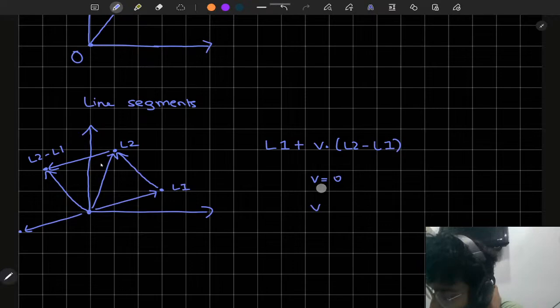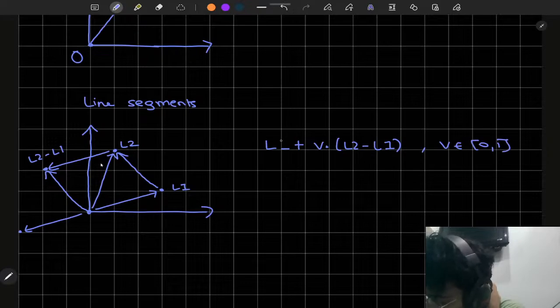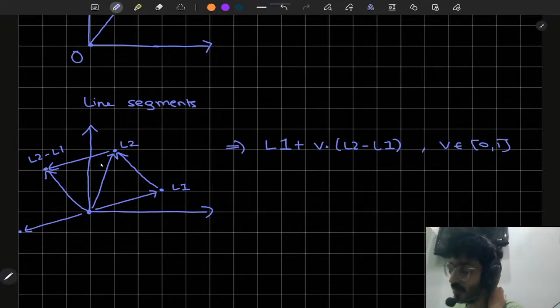So we want v to be in the 0 comma 1 interval. This will give us all points on this line segment.